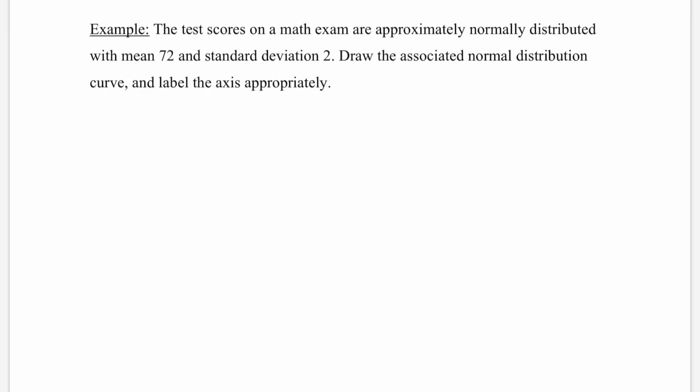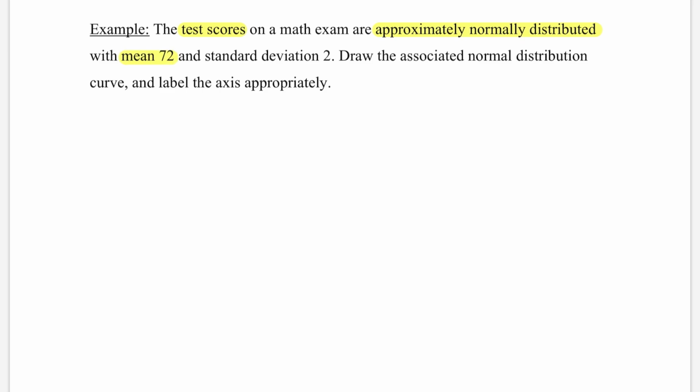Example 2. The test scores on a math exam are approximately normally distributed with mean 72 and standard deviation 2. Draw the associated normal distribution curve and label the axis. So my data values are test scores on a math exam, approximately normally distributed.